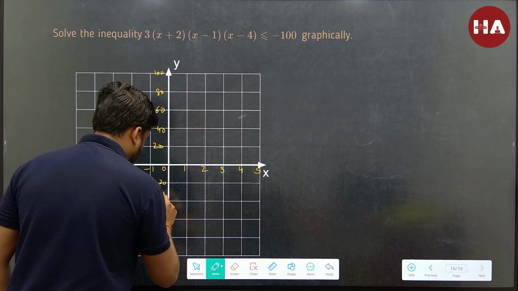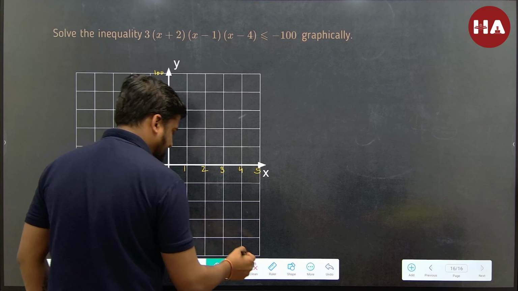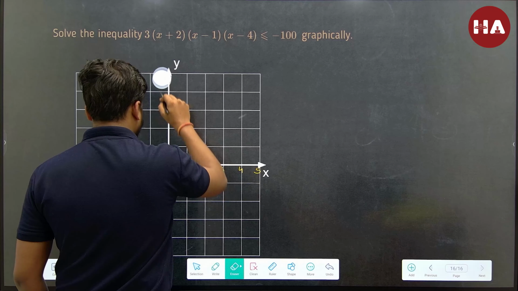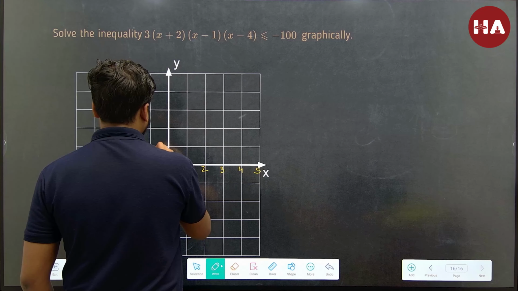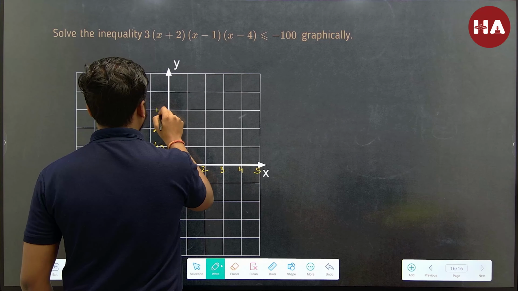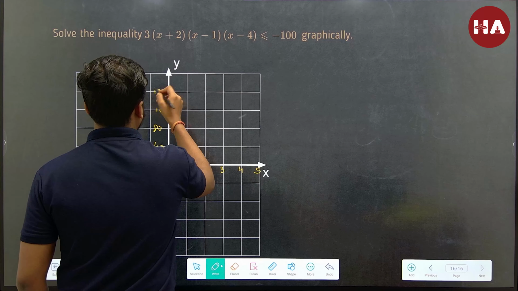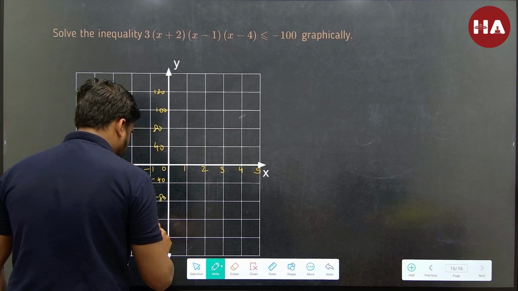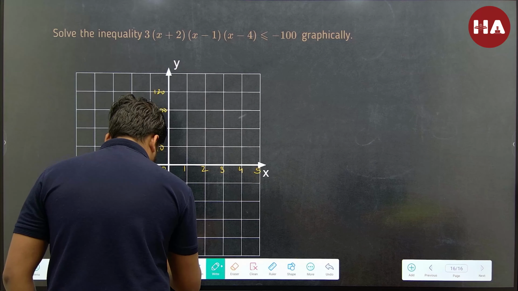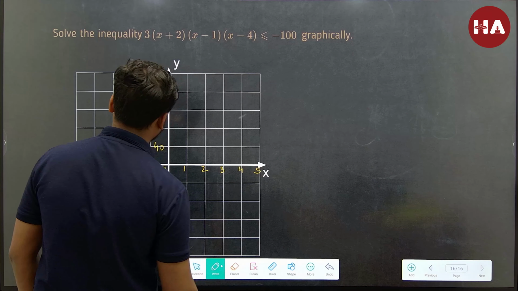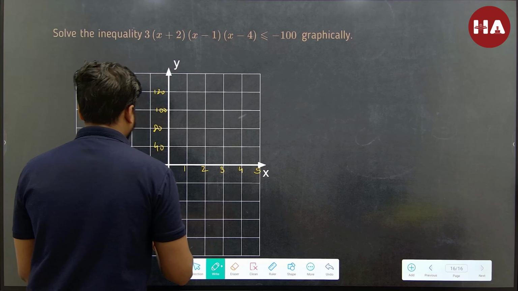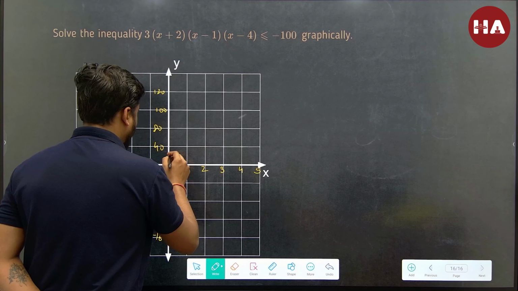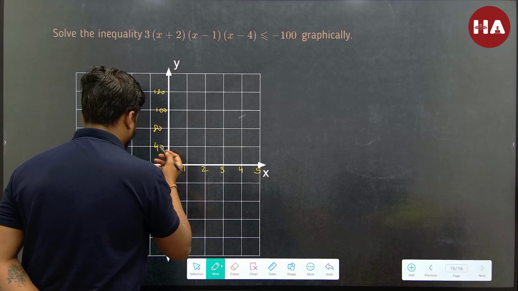Minus 20, minus 40. Okay, let's take even bigger values just to make you understand. I need some bigger values. So let's take 40, 80, 100, 120 and minus 40, minus 80, minus 120, minus 160 and so on. Now when you draw the graph, it passes through 24, that is somewhere here, right?